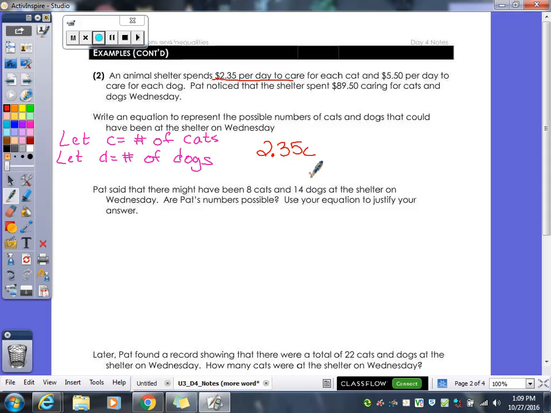So $2.35c. Plus how much for each dog? $5.50 for each dog. And they spent a total of $89.50. That's the only piece of information we know at this point in time. So that's the only equation we can write right now.